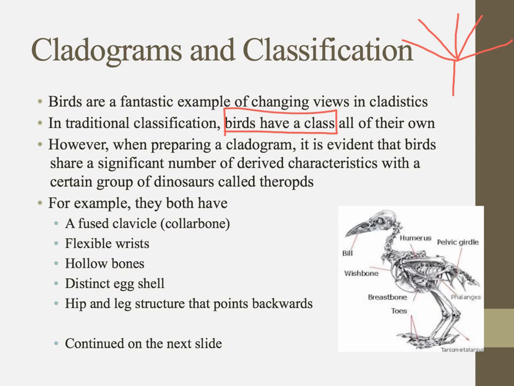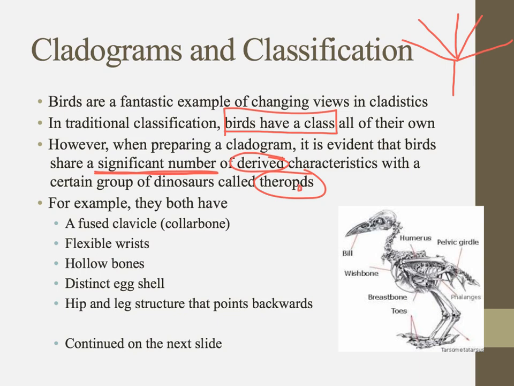Well, new DNA evidence and new evidence from the fossil record have told a very different story about birds. We're finding that birds have a super significant number of derived characteristics from a certain group of dinosaurs called theropods.